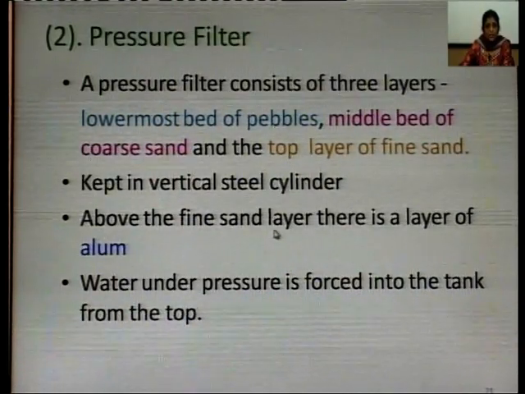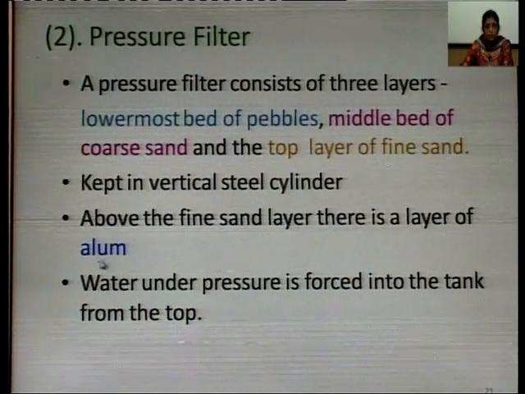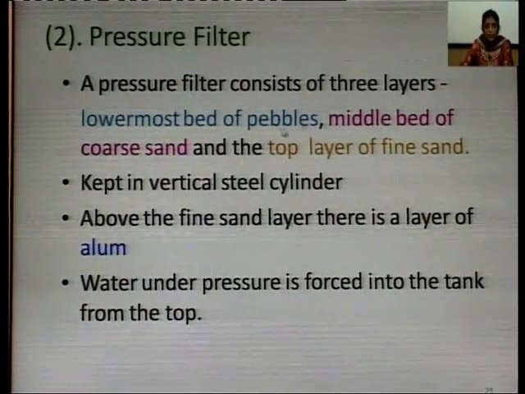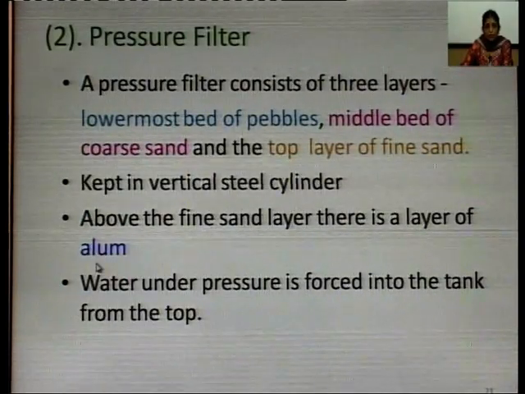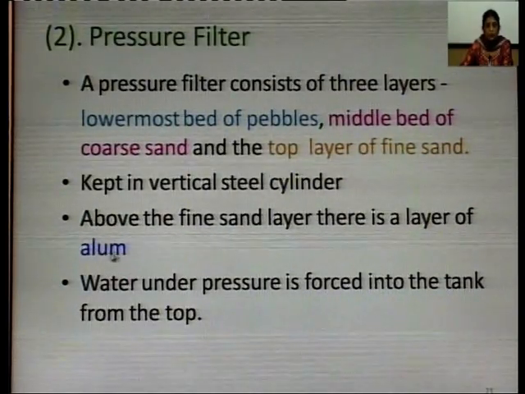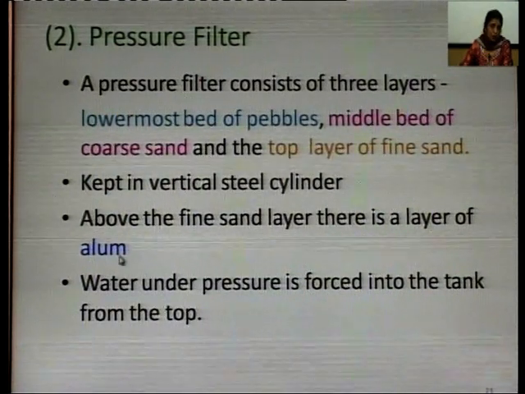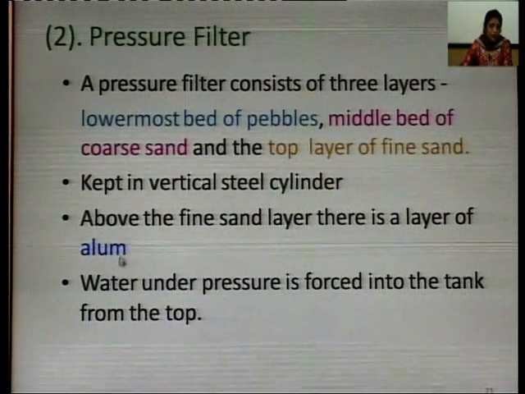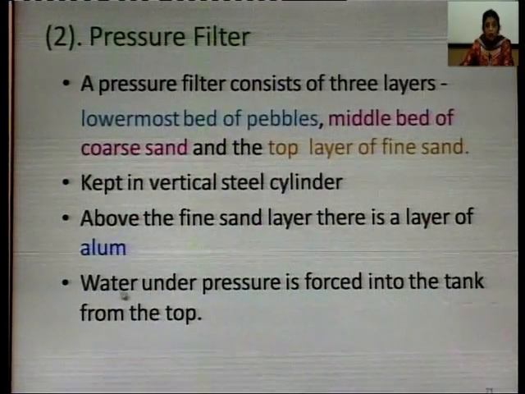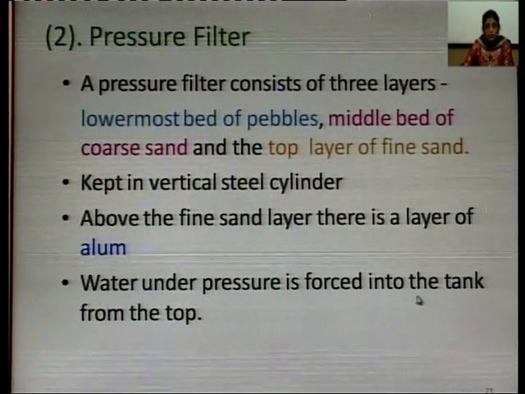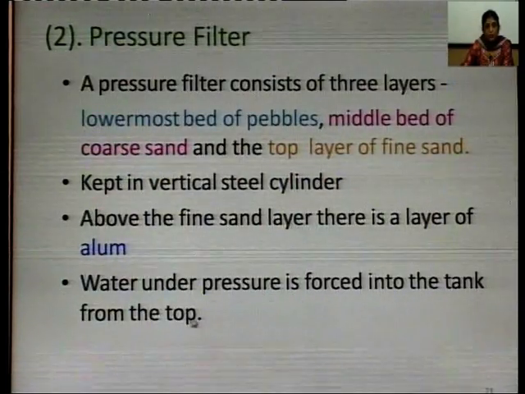Above the fine sand layer, there is a layer of alum. Alum, as you have seen just now, is a double salt of potassium and aluminum. It works as a coagulant. Water under pressure is forced into the tank from the top.